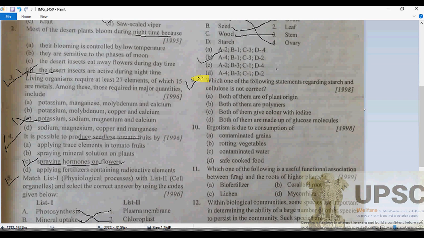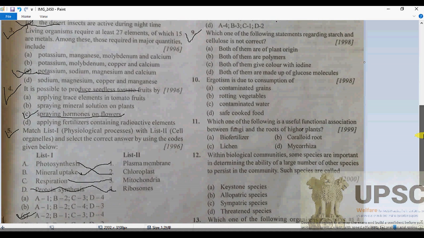Which one of the following statements regarding starch and cellulose is not correct? Let me inform you first that starch and cellulose are both of plant origin.